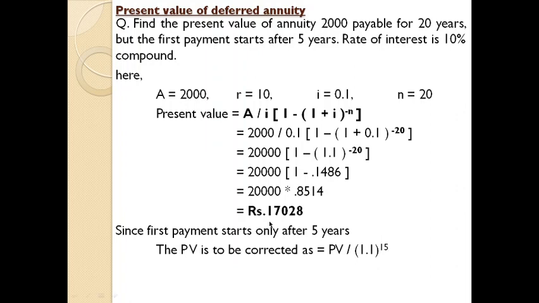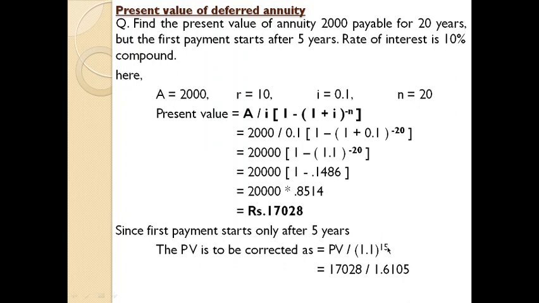So we already have the present value of the certain number for the specific period. Since you are asked to find the present value of that number for the actual 15 years, the equation is present value divided by 1.1 raised to 15. That is 17,028 divided by 1.1 raised to 15.